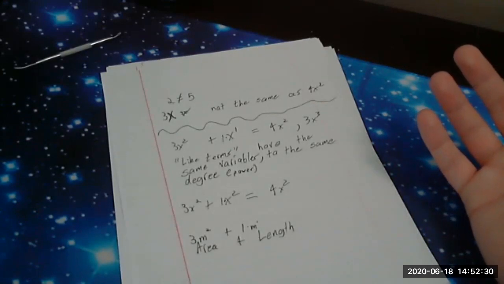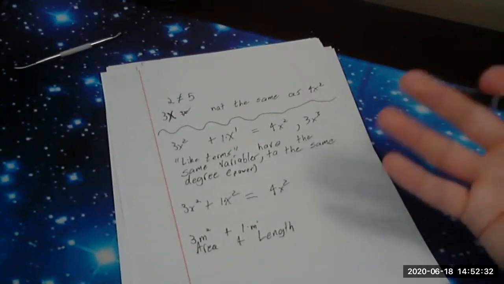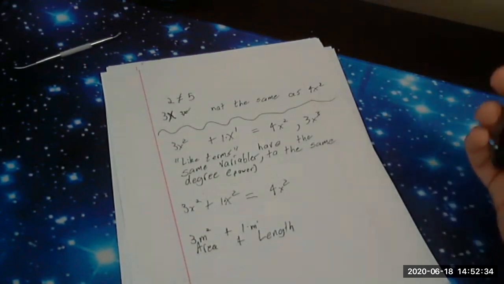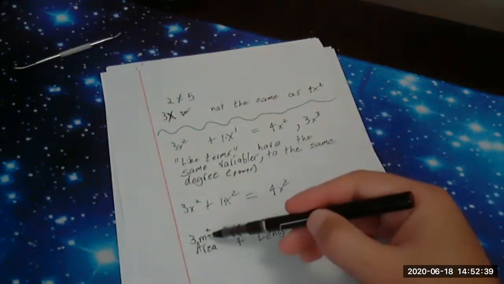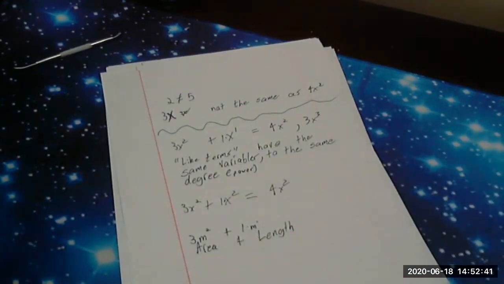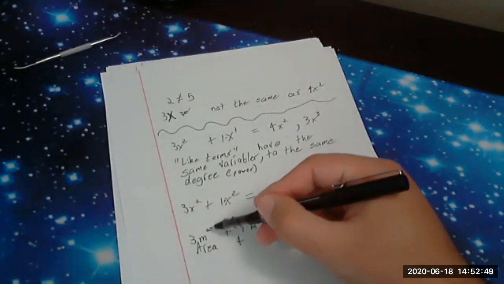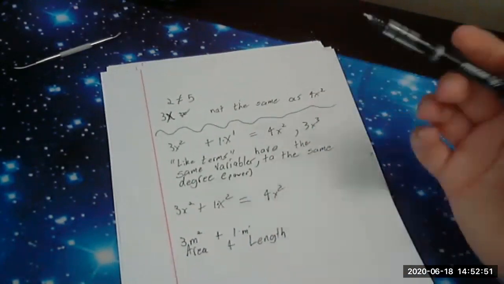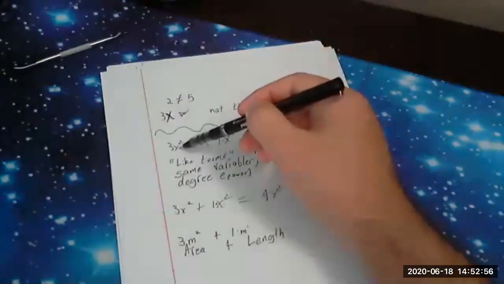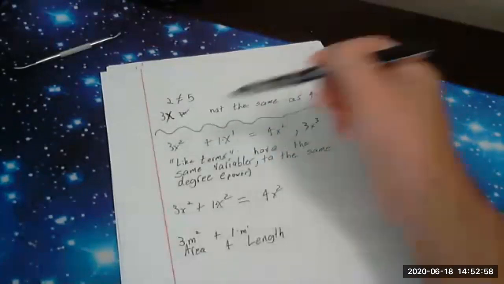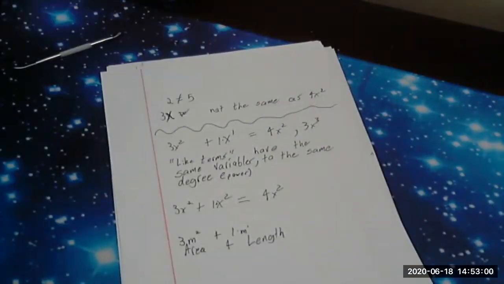You could think about it as they're not the same dimension. That's what these are, dimensions. They can't interact together because they don't have the same units to the same power. So if that helps you to think about when you're combining things, everything after that coefficient, that big number up front, has to be exactly the same.